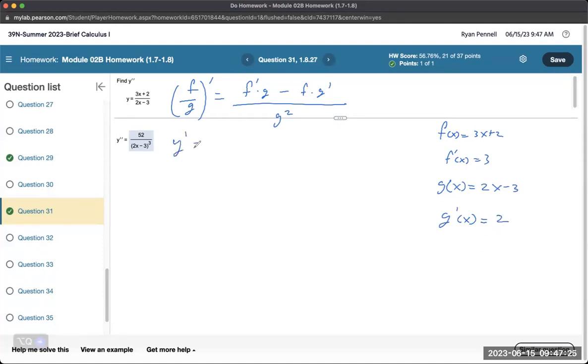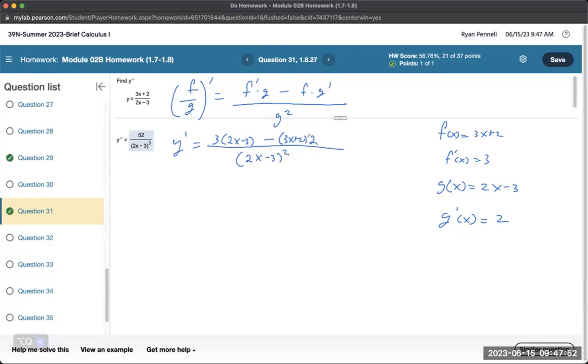So I think y prime, the first derivative, would equal f prime 3 times the original g, 2x minus 3, minus the original f, which is 3x plus 2, times g prime, which is 2, over the original g squared.